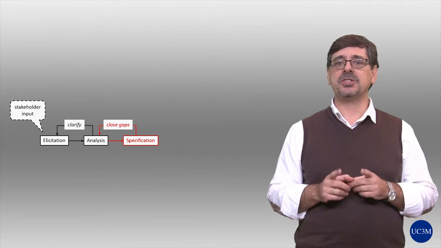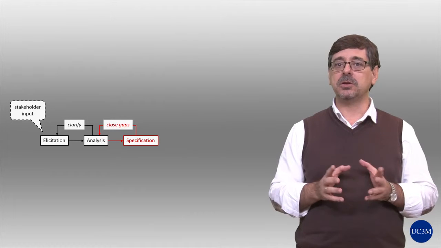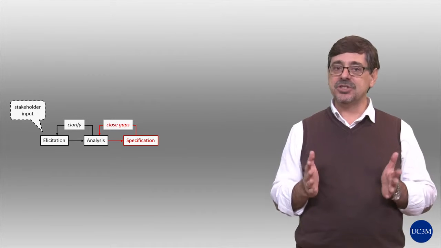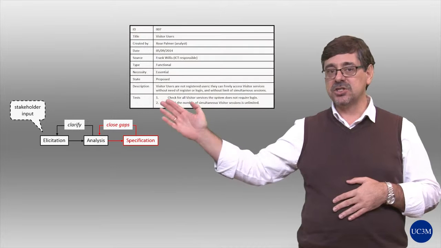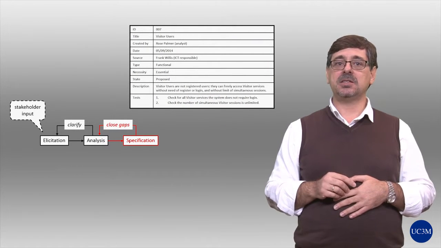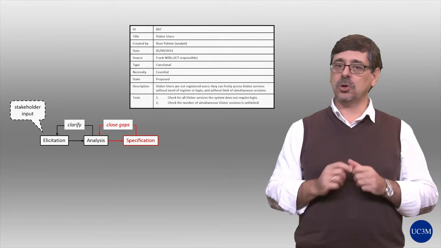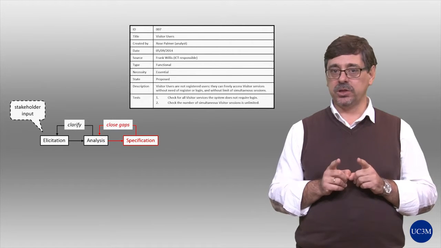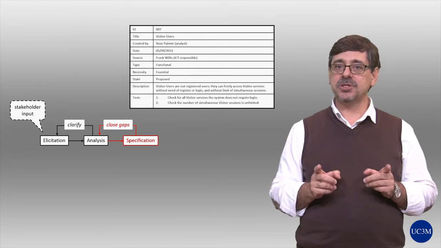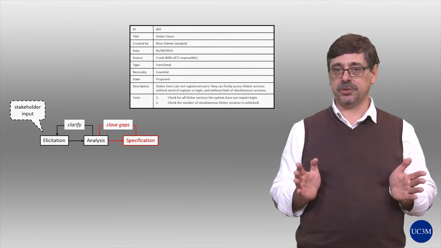Specification involves representing and storing the collected knowledge about requirements in a persistent and well-organized fashion that facilitates effective communication and change management. So, don't expect in the 21st century that the requirements document will be printed on paper.